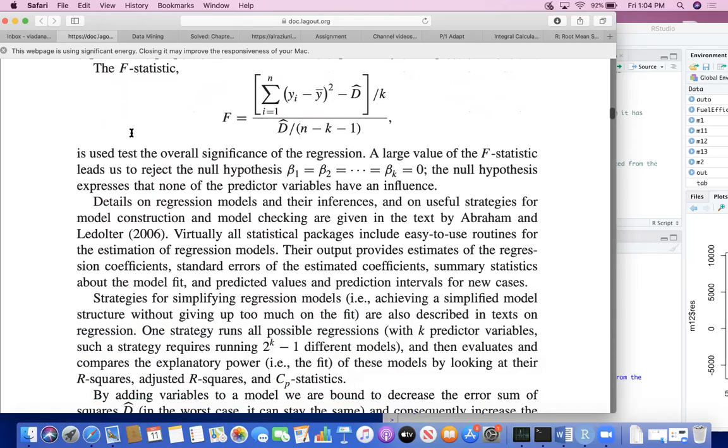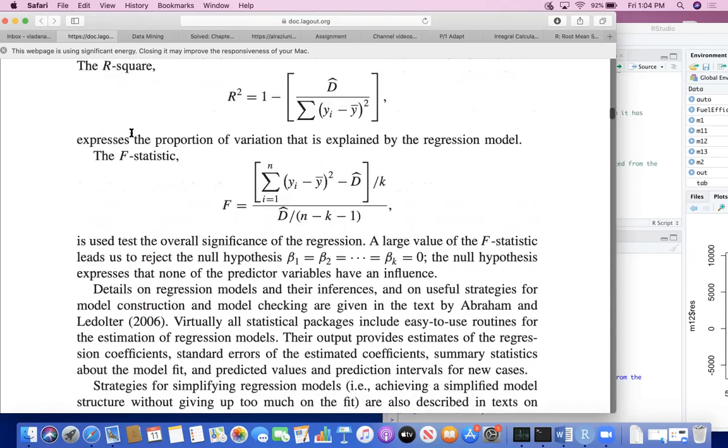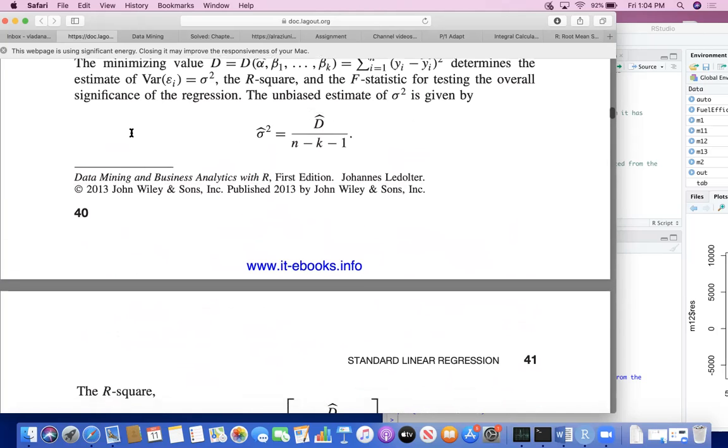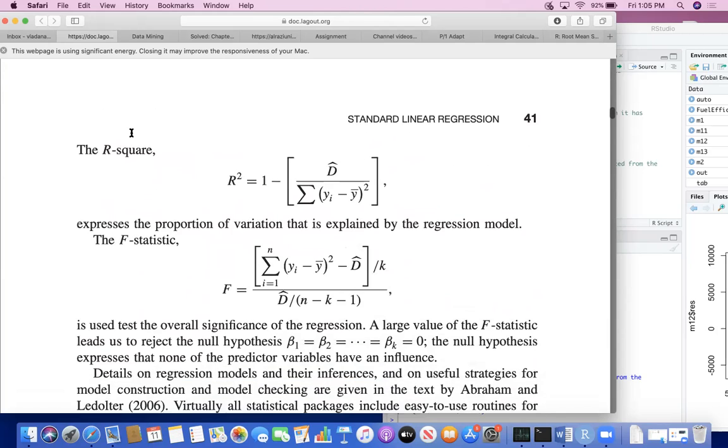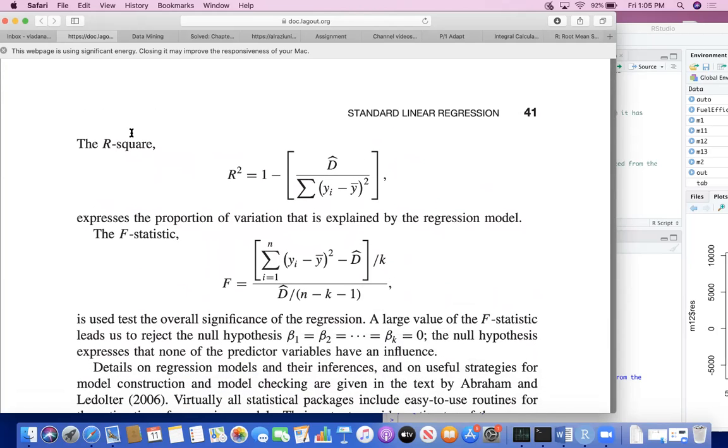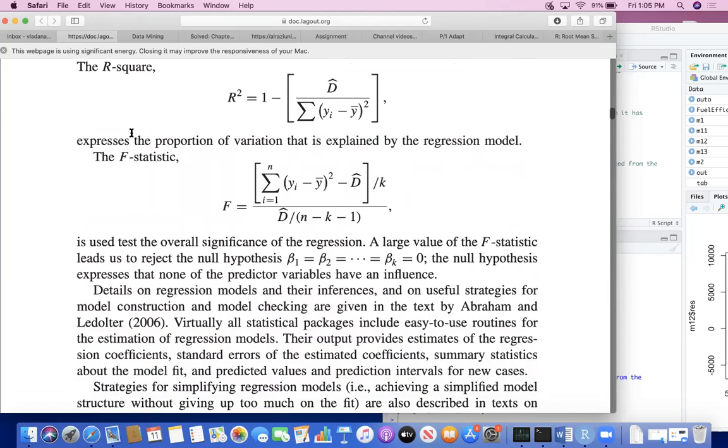Unbiased estimate of sigma squared is sigma squared hat equals D hat over n minus k minus 1. R squared is found by using 1 minus D hat over the sum of the residual squared, and the F statistic is the summation from i equals 1 through n of the residual squared minus D hat over k, all over D hat over n minus k minus 1.